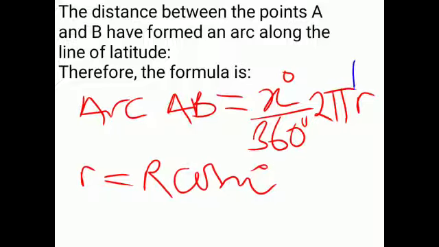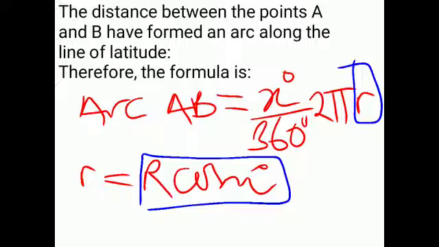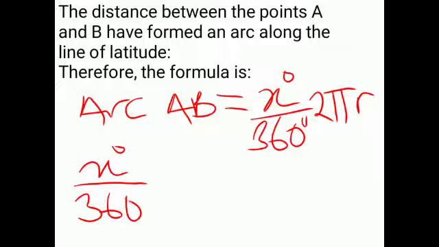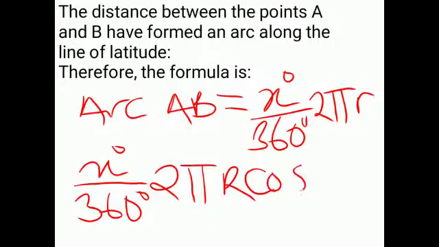We are going to replace r here with its equivalent, R cos x degrees. So the formula now will be x degrees over 360 degrees times 2 times pi times R cos x degrees.